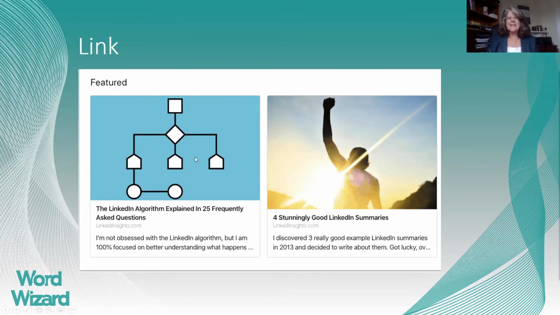So I think that what you can see here is a really good example of using the featured section, but most of us won't be able to help ourselves and will want to have more items on here and not limit ourselves. You can see again, you've got the title and the description, and in this case also the source. So it's come from a website here, and you can see that listed as well.